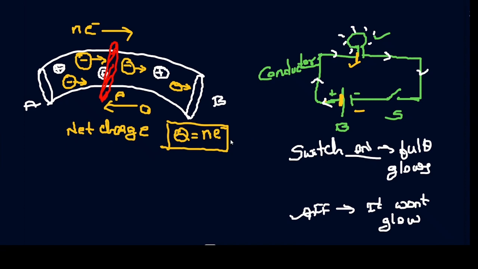Through this charge, energy is transferring from one point to another. Some amount of charge is moving through this area. If I consider this amount of charge per unit time, then it will give us electric current.